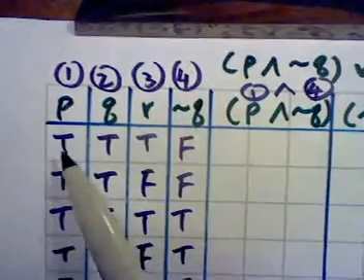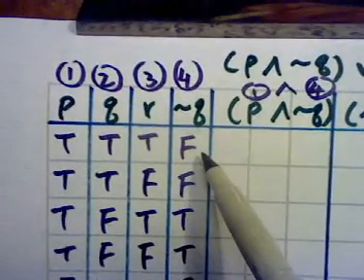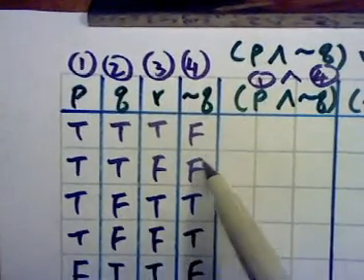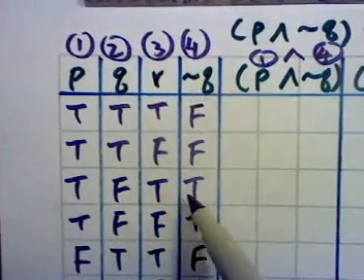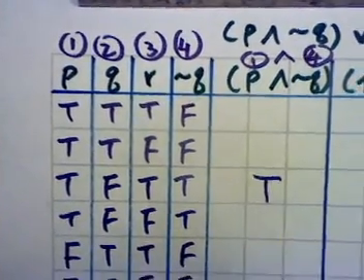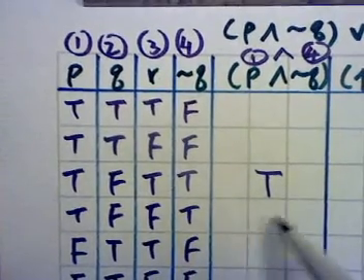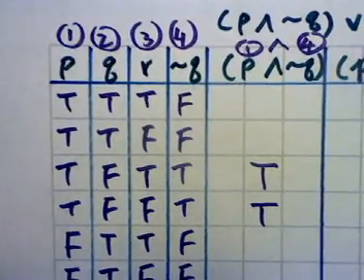Looking at column 1 and column 4, first case, it's T, F. Second case, T, F. Third case, I have 2 T's, so that gives me the T. So does the 4th case.